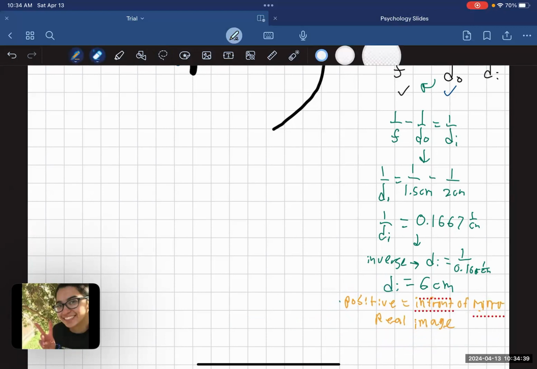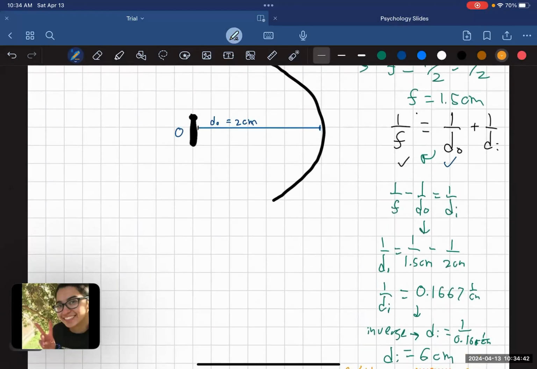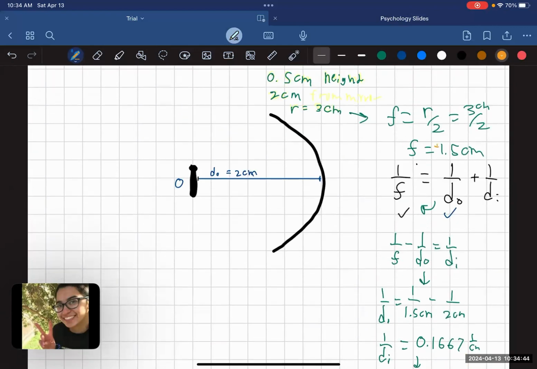Alright, cool. Also note that our focal point is positive, which means that it's in front of the mirror, which we already knew because it was a convex. I think I'm gonna go ahead and finish the calculations before we draw the rays.